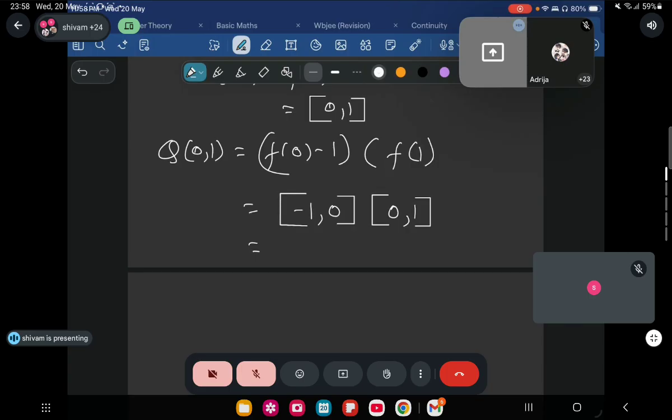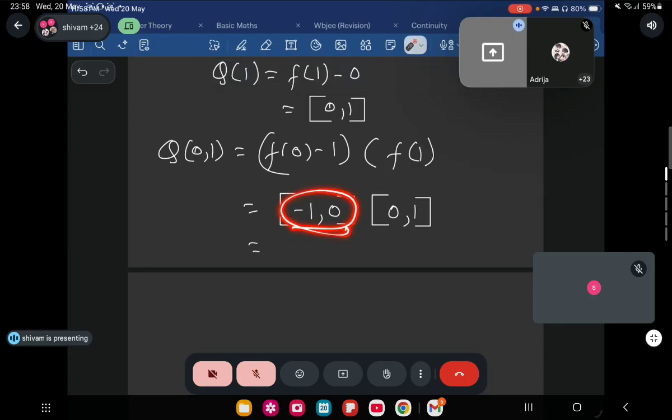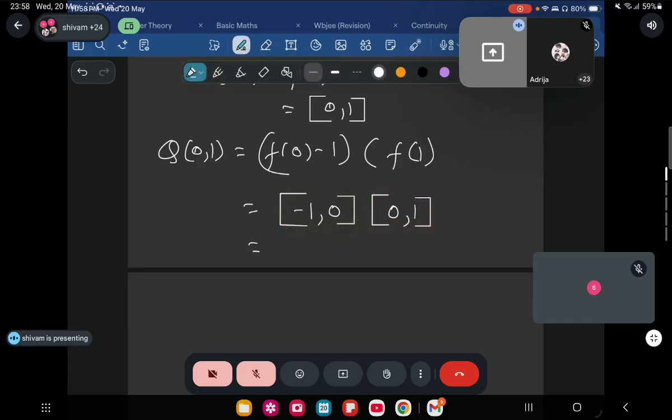So, everyone, if you choose any real number between these two ranges, can I say this is always less than or equal to 0?